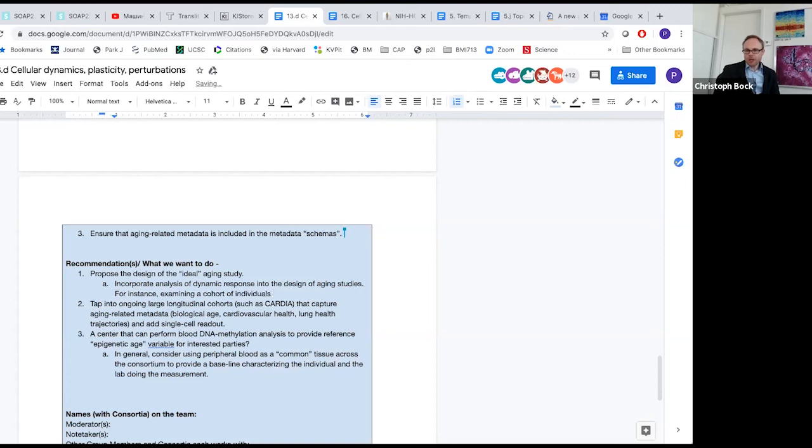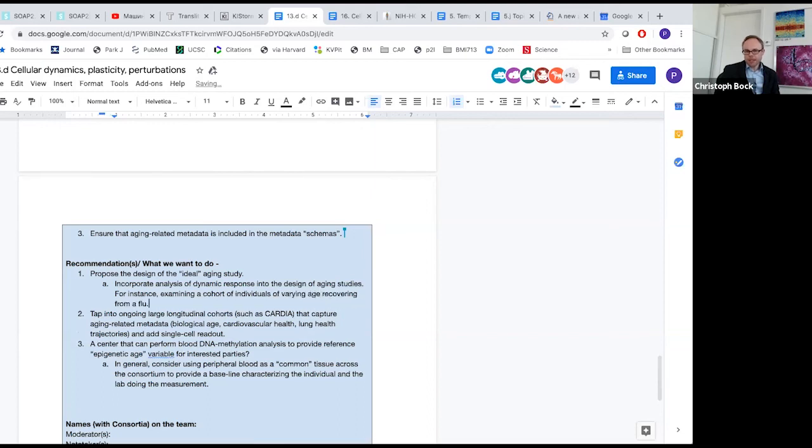One is that they should, if possible, include a perturbation component. Second, they should build on those cohort studies where there is long-term information on the past, like CARDIA, like Framingham, etc.